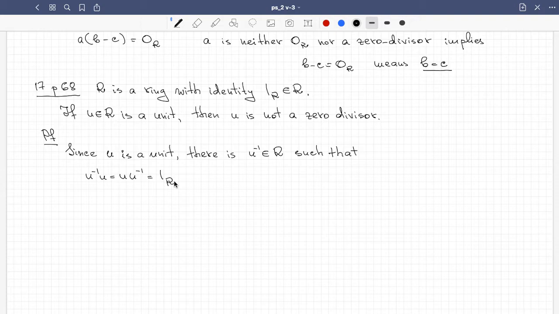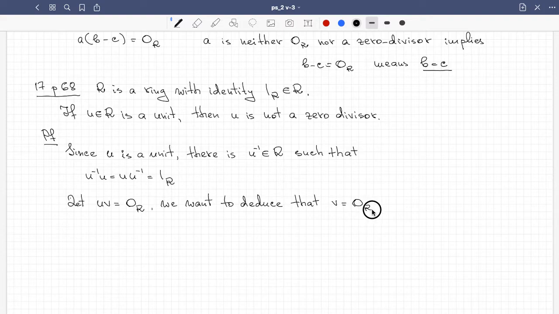Now, assume UV equals 0. We want to deduce that V is 0, since U is not a zero divisor. No element V which is not 0 will give us 0 as a product. So we want to deduce that V is 0 in the ring.